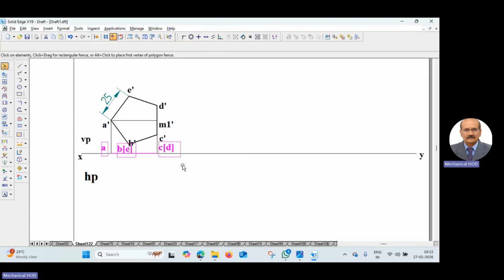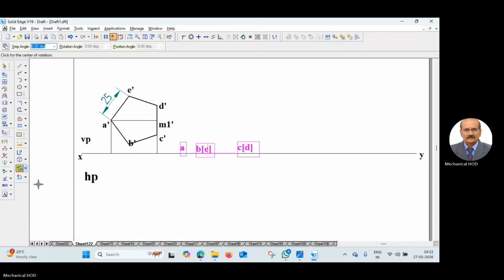Now the lamina makes an angle of 30 degrees with VP. So we have to select this line, move, keep it here, right click, then again select rotate, rotation angle 30 degrees, position angle also 30 degrees.